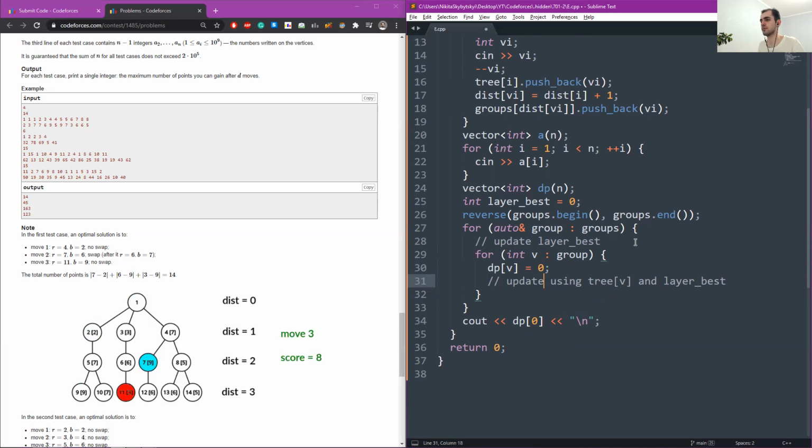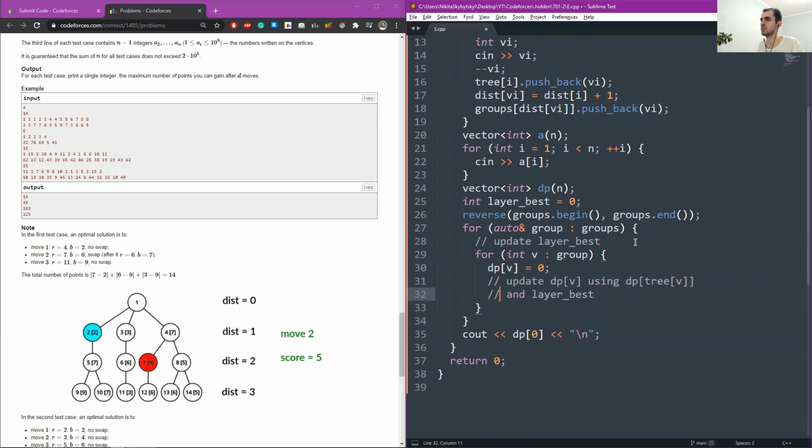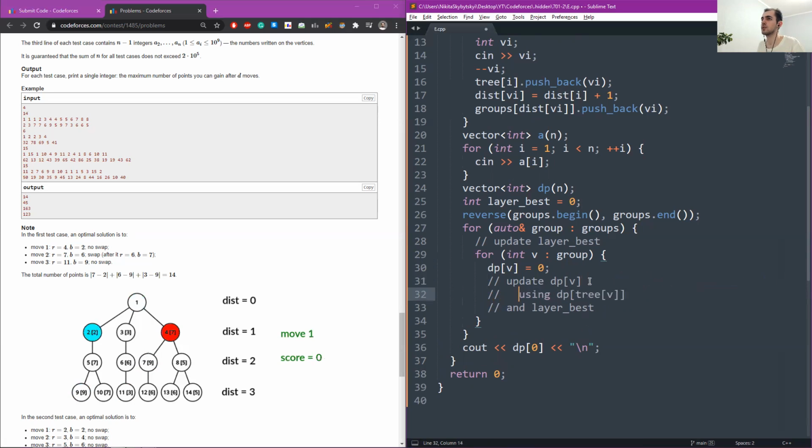Oof. That's very broad words. The idea is that transitions to the parent are easy.